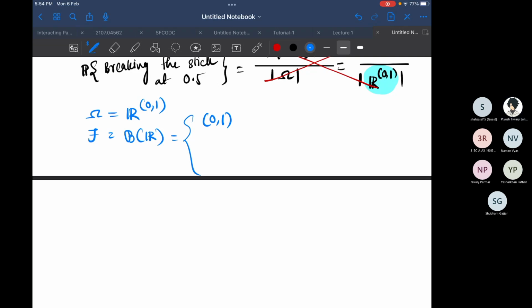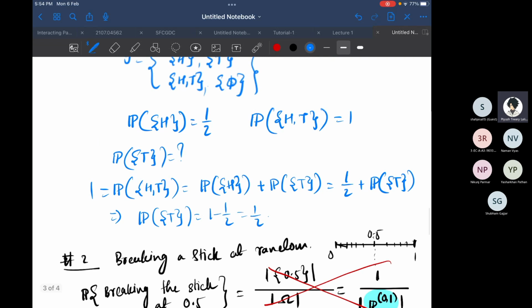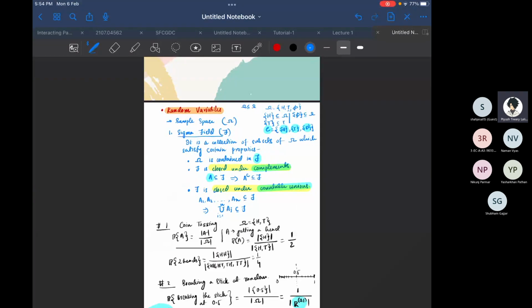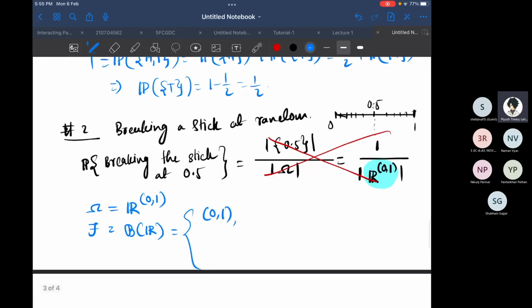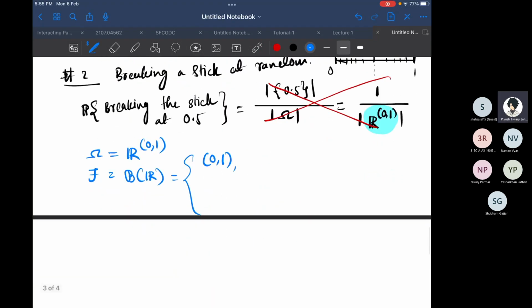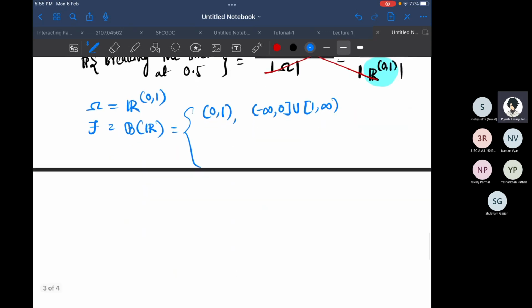Now I will go back and see that it must also contain its complement, right? We know that it is closed under the complement operation. So what is the complement of 0 comma 1? I know it is minus infinity to 0 closed union 1 to infinity. Is this correct?